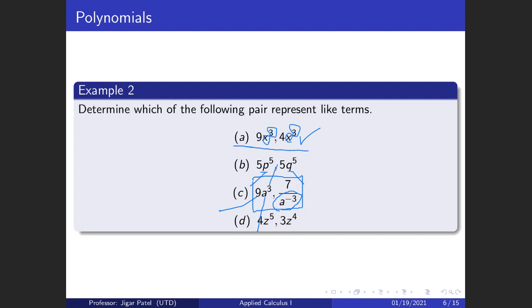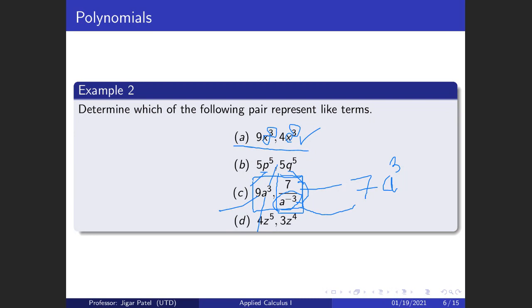What I want you to do is recall: how do you shift the denominator to the top? If you shift it to the top, you need to flip the sign of the exponent. So this term is basically the same as 7 times a to the power positive 3. Once again, this second term can be rewritten as 7a cube.